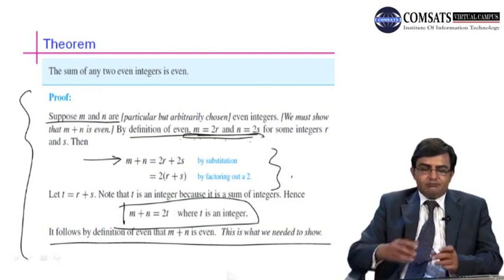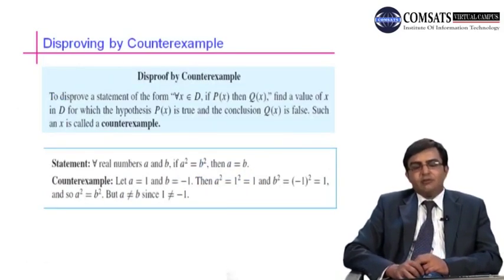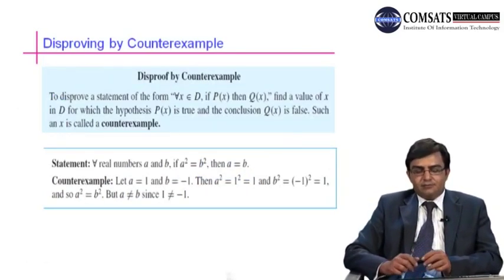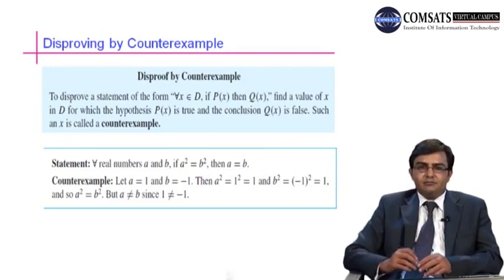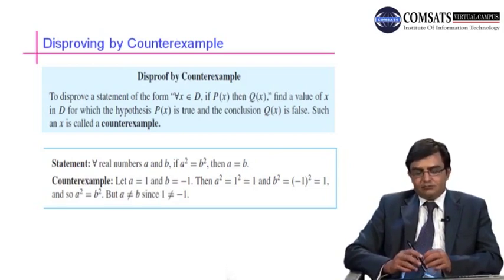We consider now disproving by counterexample. If you think that any given statement cannot be proved by the direct method, then what do we do?